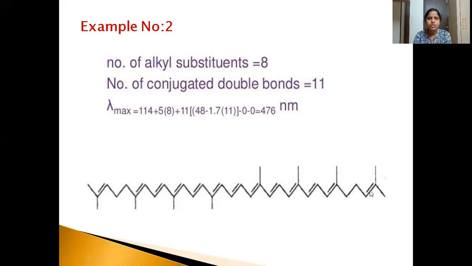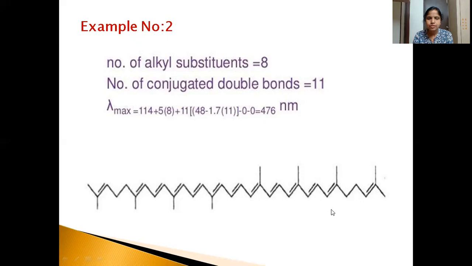Whereas this double bond is not in conjugation with this, because it is separated by 1, 2, 3 single bonds. Even this double bond at the terminal is also not in conjugation with this part. So here also you can see it is separated by 3 single bonds.